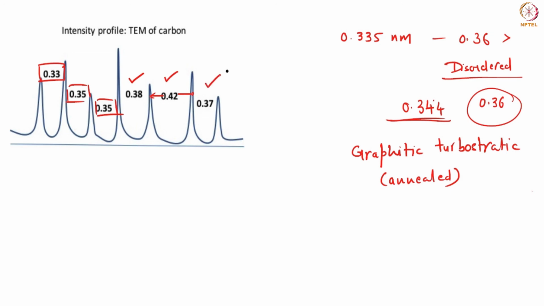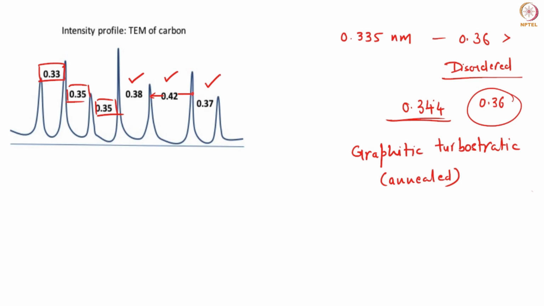So now these values don't look like the values of even an annealed carbon. What does that mean? Of course, the intensity profile was taken on your annealed carbon sample. So that basically indicates that it's not that this is another material or impurity or something like that. What it indicates is that you're not looking at the side view of your stack.